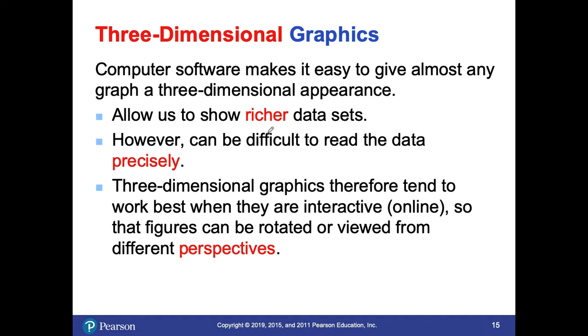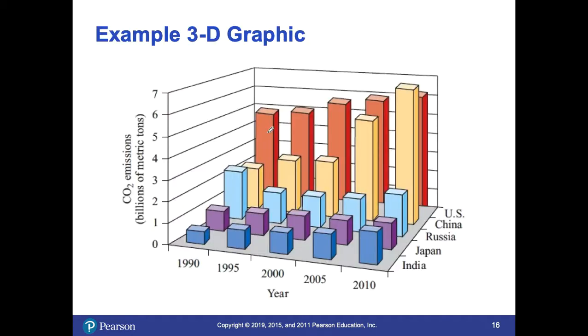As an example, when we take a look at something like this, here's a nice 3D graph. You'll notice that it has three bits of information. Not only does it have the timeline down here with years, but it also has countries over here, and on top of that, we have CO2 emissions. Now, no surprise here that the U.S., China, and Russia are the top three.